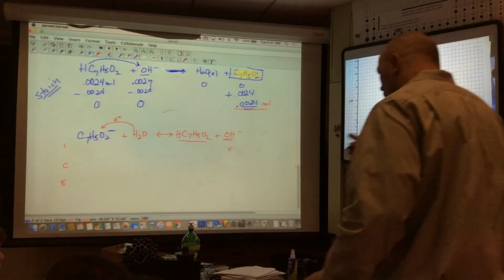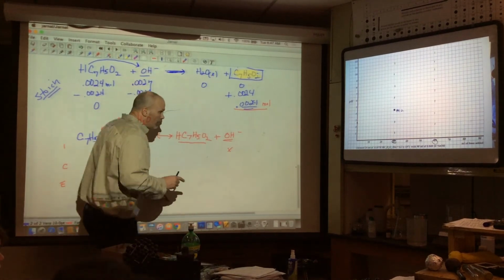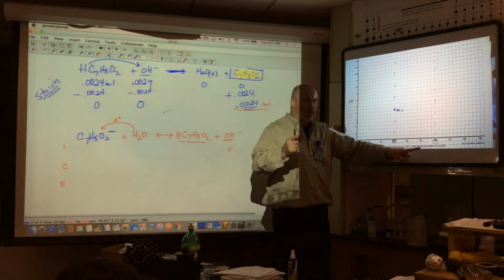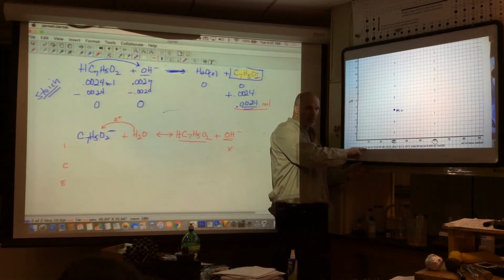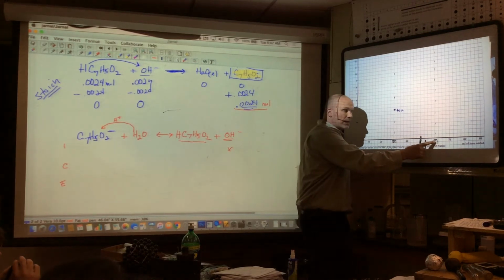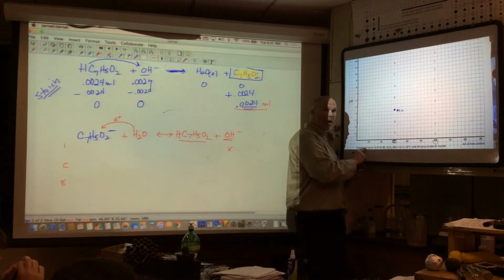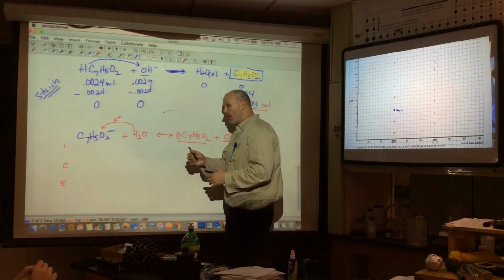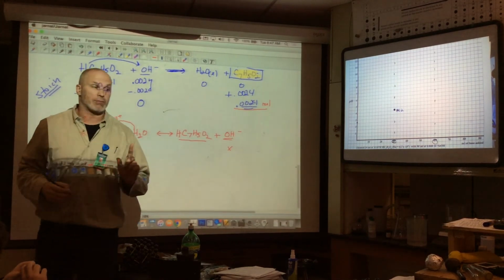At equivalence, I have 60. But what did I add to the beaker? What's in the beaker? 24. So at this position, I've added 60 milliliters of base to the 24 already in the beaker. So I have 84 milliliters of total volume.